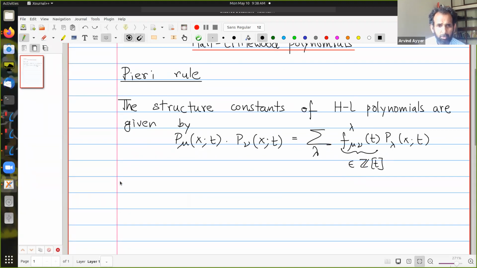And the dual Pieri rule, it's easier to state the dual Pieri rule, which I'll show you in a second.